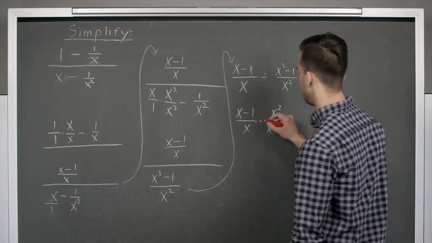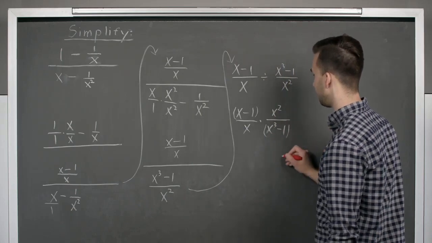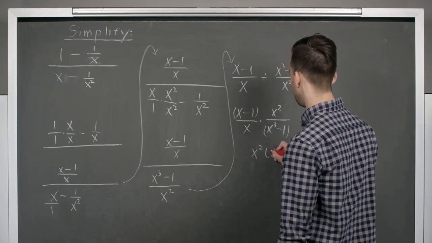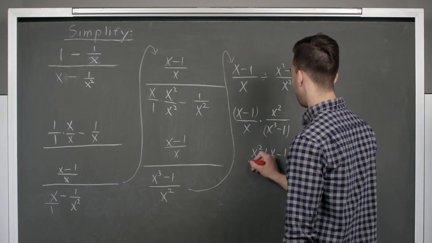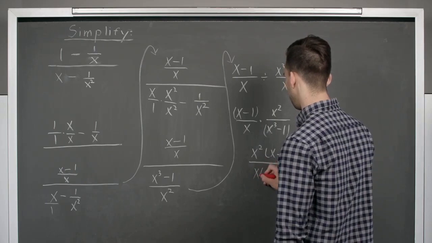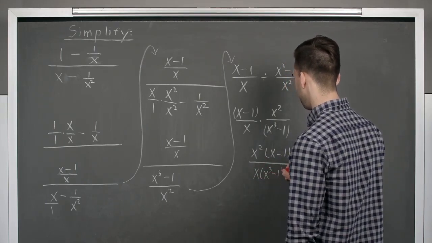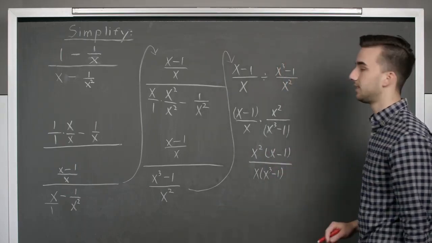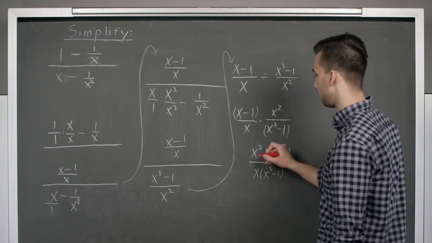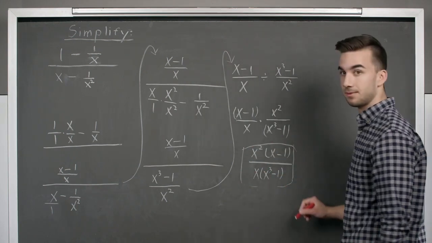So we could just go ahead and multiply this, and that gives us x squared times x minus 1 all over x cubed minus 1. And you can multiply this out all the way, but for this example, we'll just go ahead and leave it, so that will give us our solution for this example.